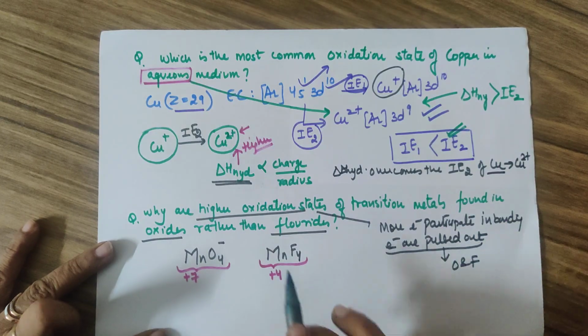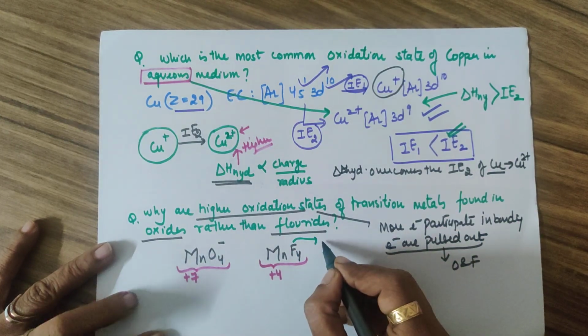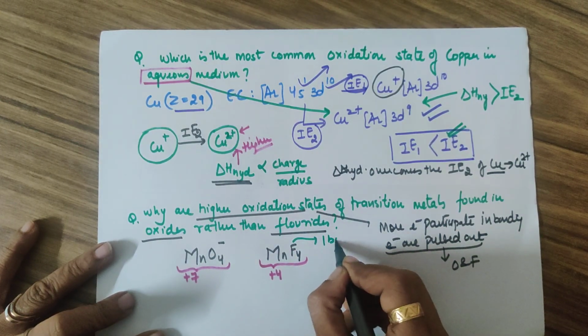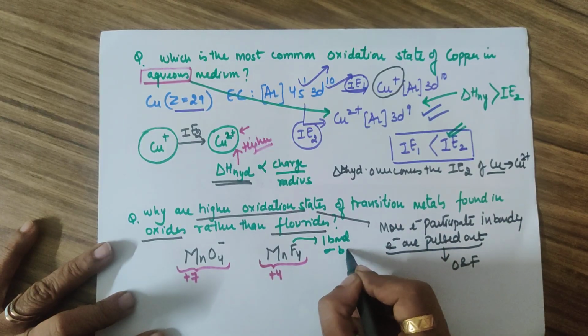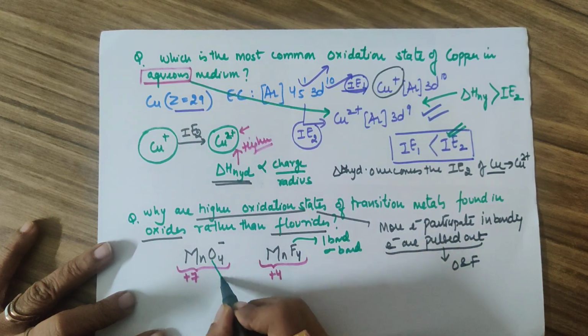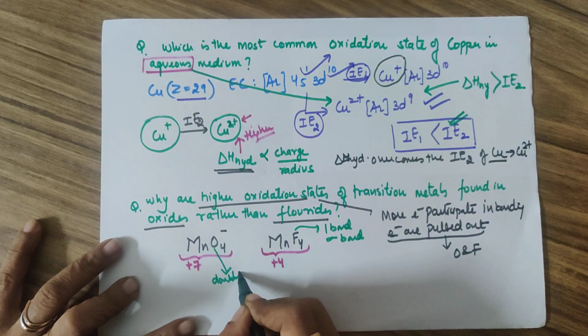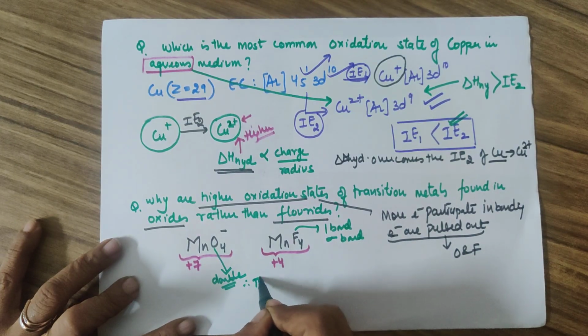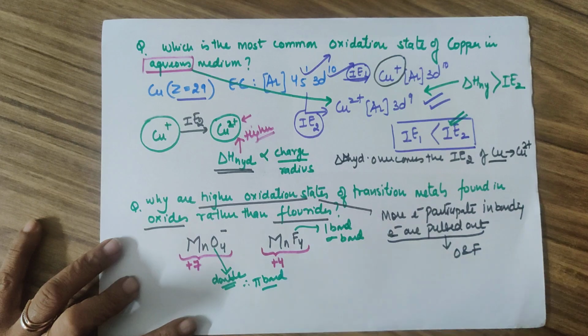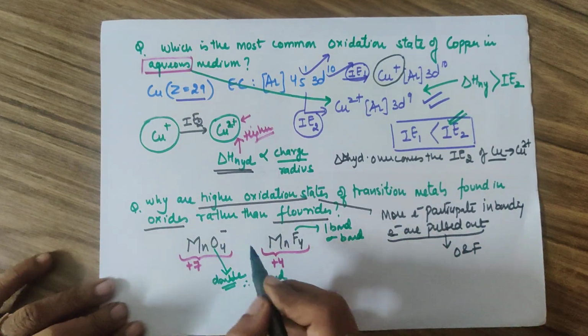The answer is that fluorine forms only one bond, therefore only a sigma bond. While oxygen, with a valency of 2, forms a double bond. If it forms a double bond, a pi bond is formed, and because of the pi bond there is multiple bond formation.